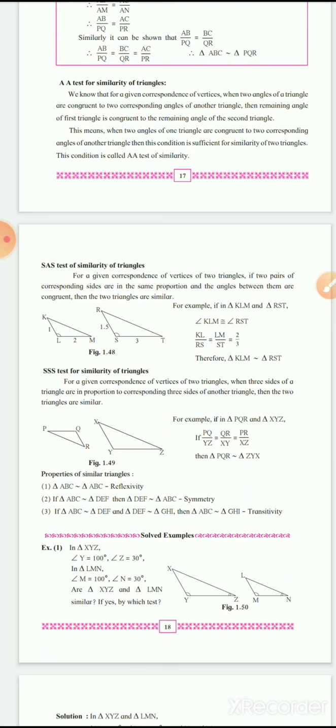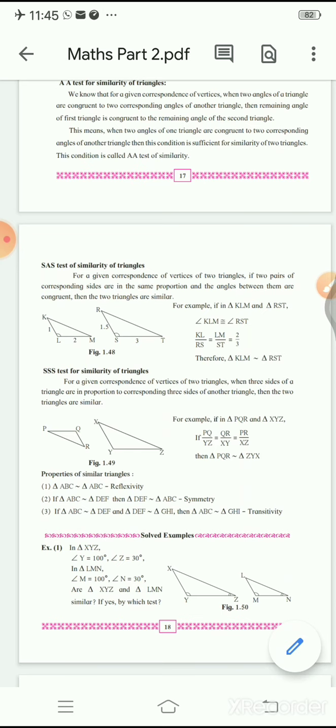Then the second property: if triangle ABC is similar to triangle DEF, then triangle DEF is similar to triangle ABC.